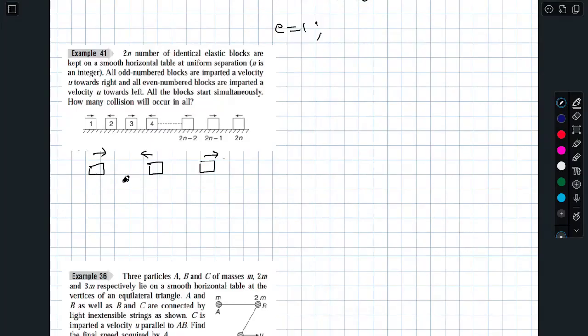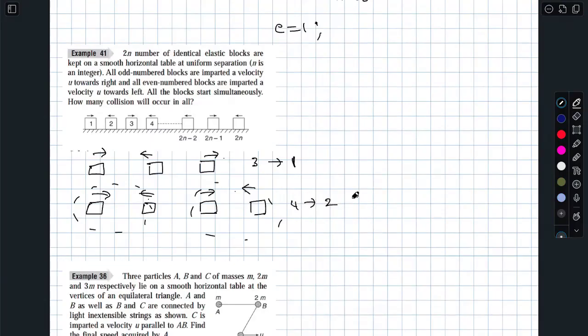Suppose there are 4 blocks. Now you will have one collision happening over here and another collision happening over here. For 3 blocks, one collision takes place. For 4, how many collisions are happening?